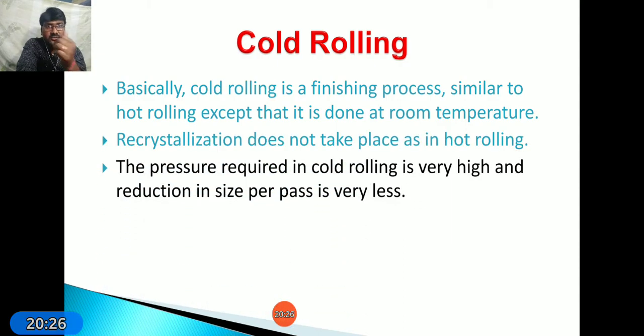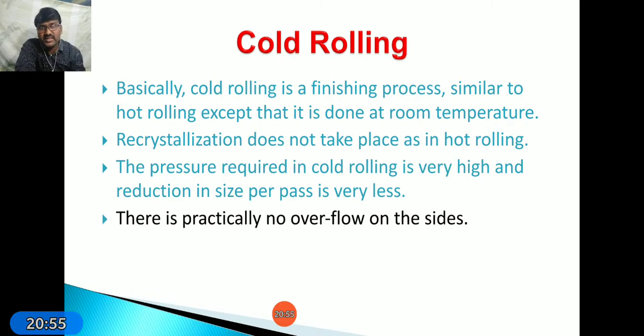The pressure required in cold rolling is very high and the reduction in size per pass is very small. In hot rolling the required force is less and the deformation, that is the reduction in size, is high. But in cold rolling the required pressure is high and the reduction in thickness will be less. It is one of the drawbacks of cold rolling.